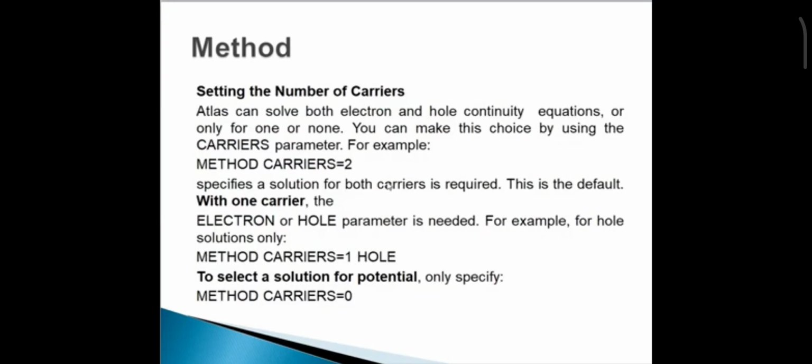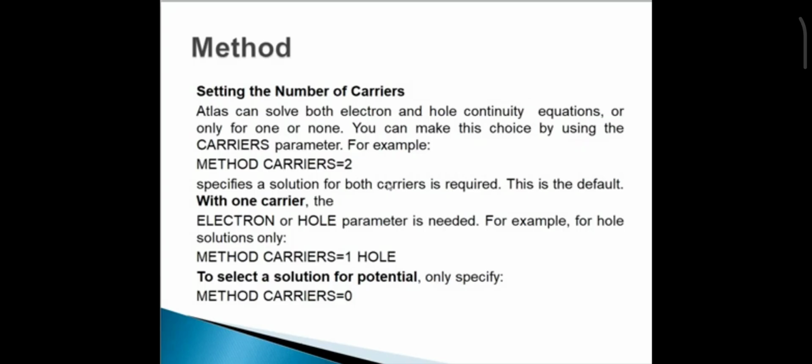Next is setting the number of carriers in the method statement. Atlas can solve both electron and hole continuity equations, or only one, or none. You can make this choice by using the carriers parameter. For example, method carriers=2 specifies a solution for both carriers is required, electron as well as holes.